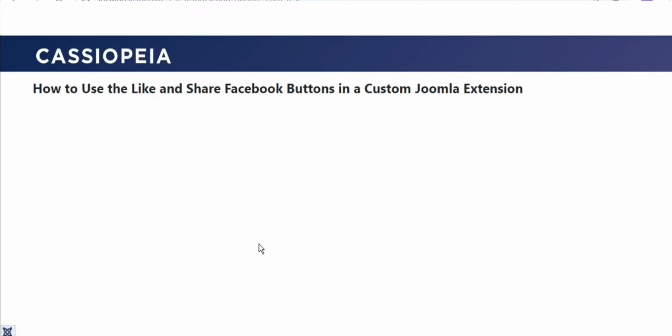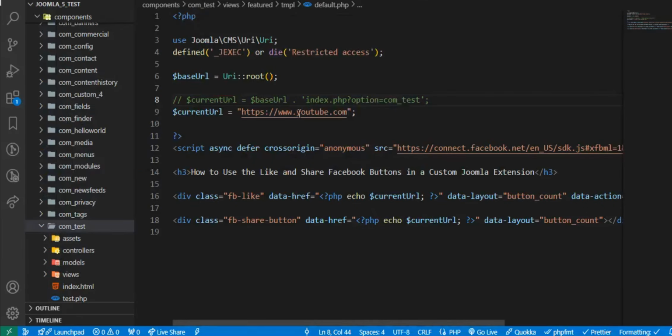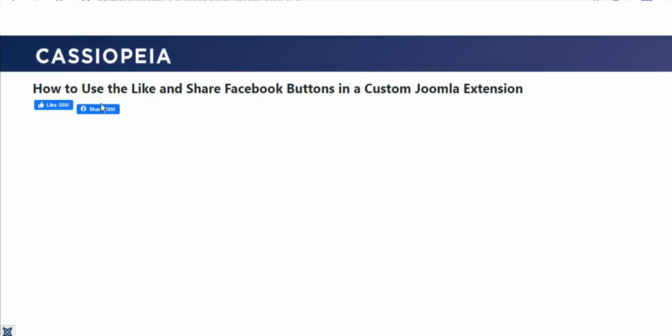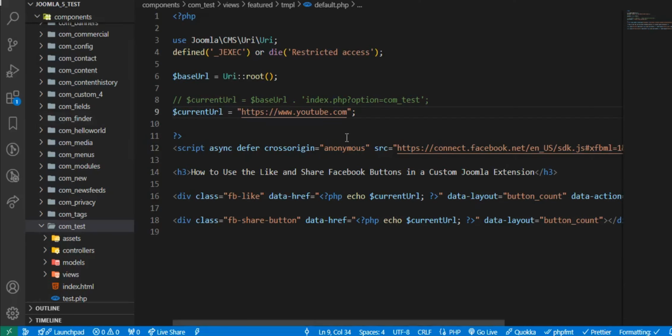If I click on this share button, it will share the youtube.com link to Facebook. If I add mindphp.com, it will share the mindphp.com web page in Facebook, because we added the URL we want to share in Facebook.